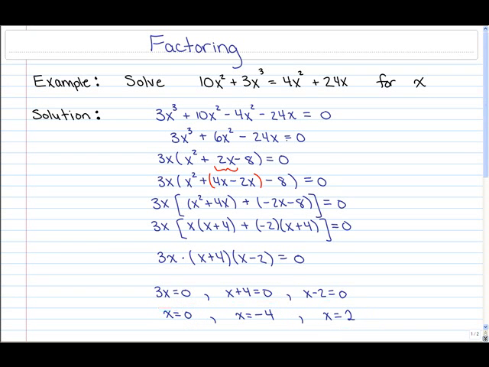Now an easier method to factor a trinomial in this bracket here would be this. Think of two numbers that are going to multiply to give us -8, but also those two numbers should add or subtract to give us positive 2. Now we discovered that those two numbers were 4 and -2.